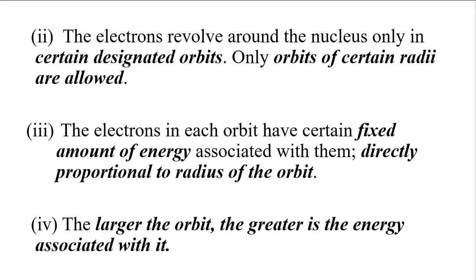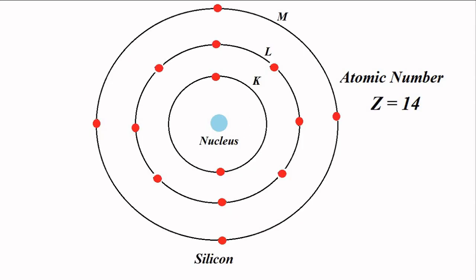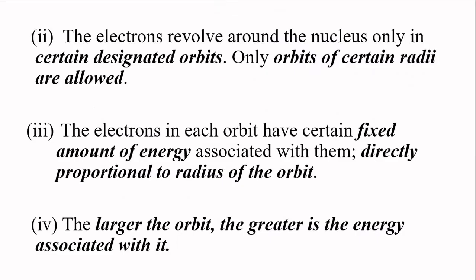So here only the orbits of certain fixed radius are allowed. It's not that the electrons can revolve around in random orbits, because each orbit has a certain fixed amount of energy associated with it, and it is directly proportional to the radius of the orbit or the orbit number, the principal quantum number.